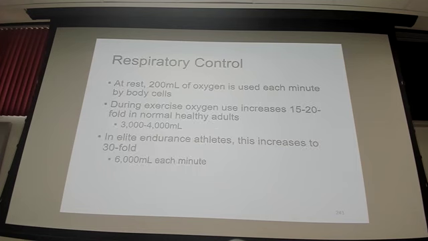Okay. Now we're going to do neural control of respiration, get into some easy stuff, and then we're going to be done and go look at some lungs. Okay? So, simple, right?